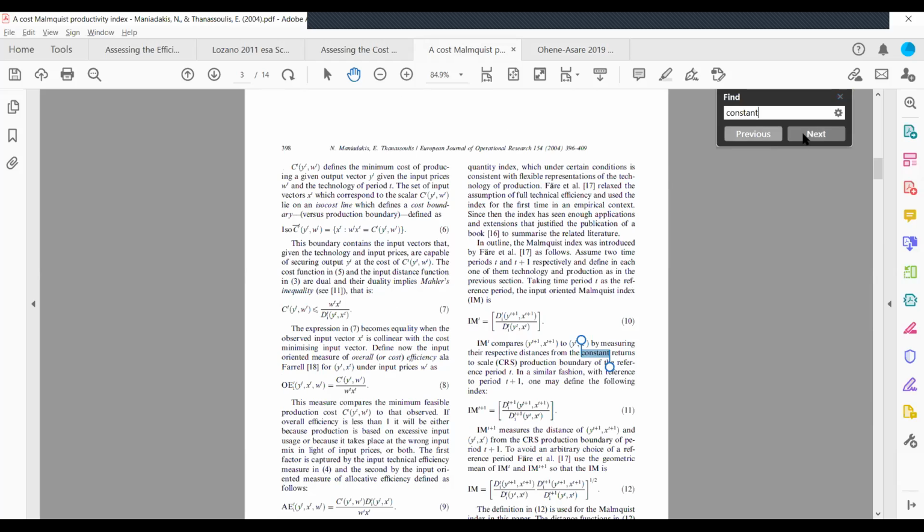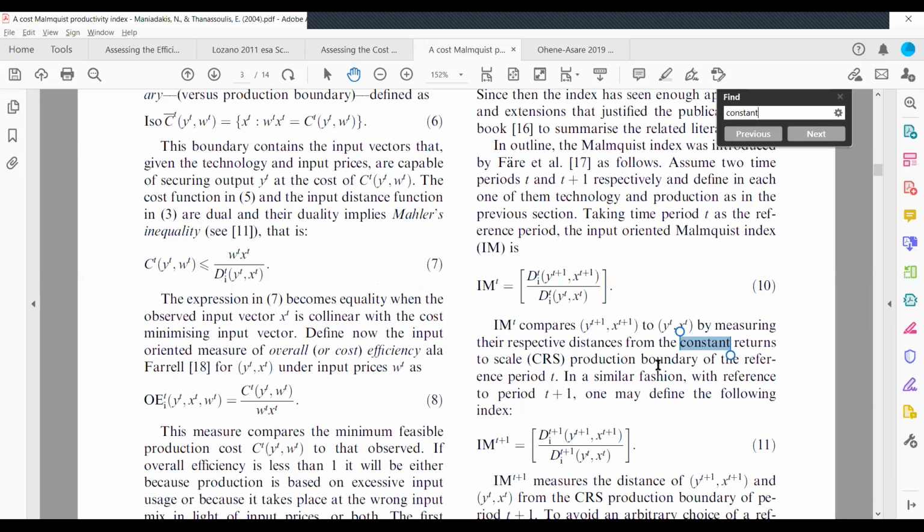You see this sentence here: measuring their respective distances from the constant returns to scale production boundary.